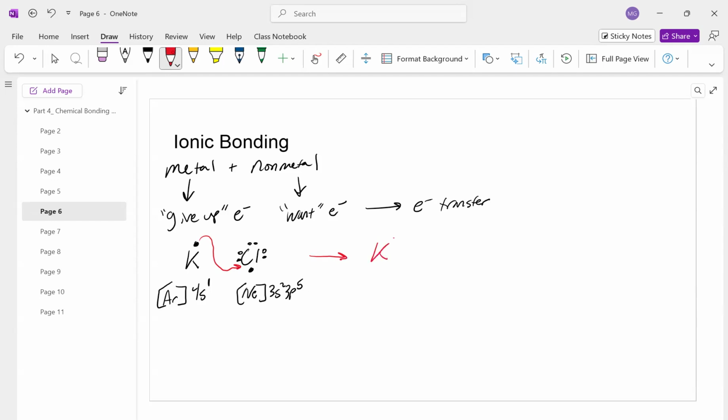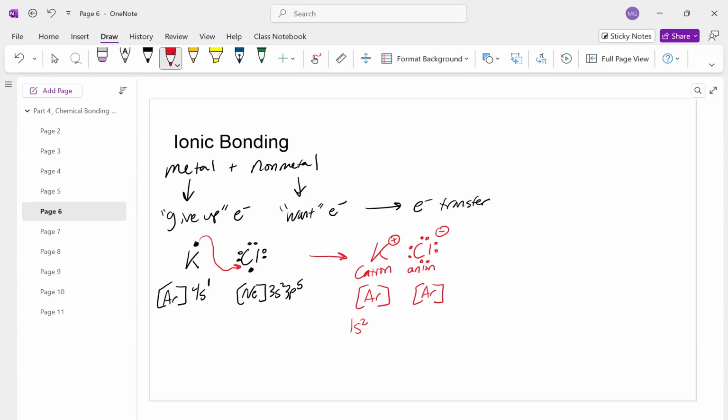well, then potassium, which would become a cation, would have the electron configuration of argon. If chlorine were to accept that electron and become an anion, then it would have the electron configuration of argon as well.